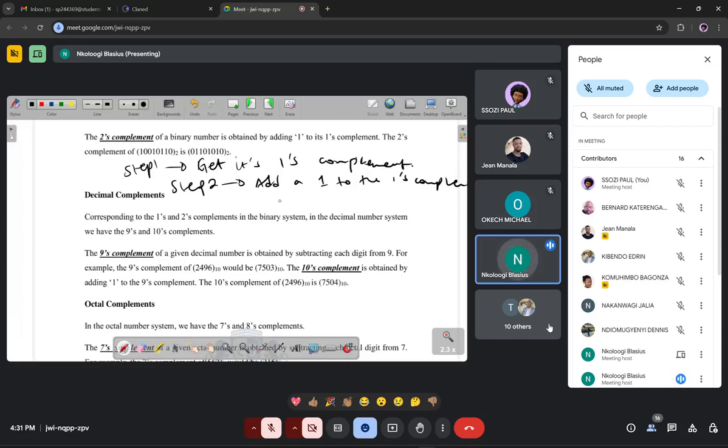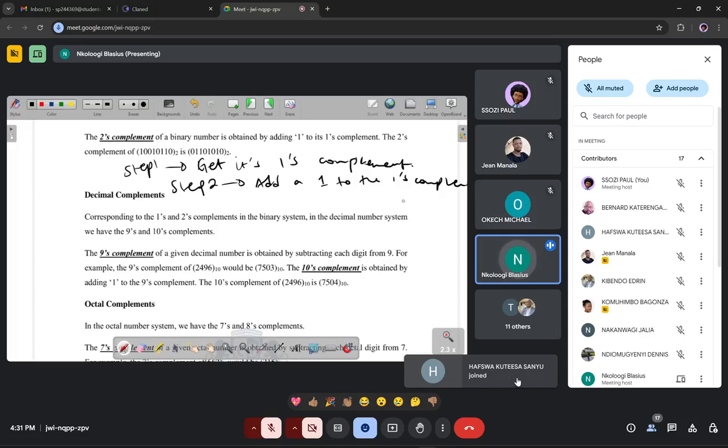So this brings a question to your mind. Since we are dealing with binary, how do we add? If I was adding just like in decimal, like maybe 23 plus 10, of course I would have a 3 here, and I would have a 3 there, right?